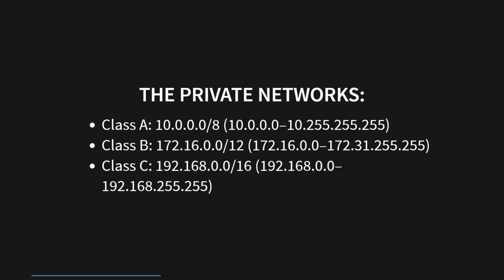Class B, 172.16.0.0/12, 172.16.0.0 to 172.31.255.255. Class C, 192.168.0.0/16, 192.168.0.0 to 192.168.255.255. These private addresses are commonly used within non-public intranets instead of globally unique public addresses.